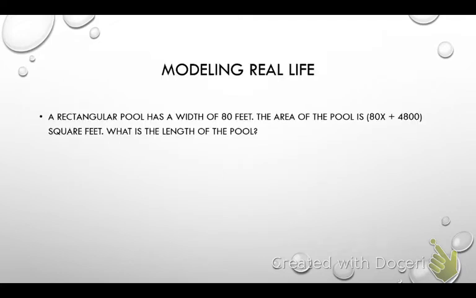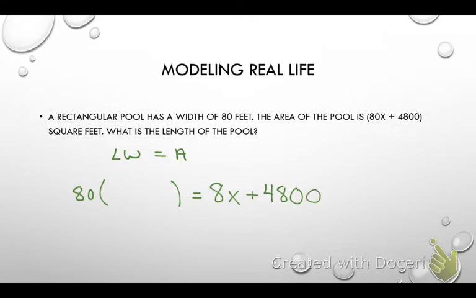Now, the modeling real life. Guys, do you remember this example from class with the rocket pad? Yeah. Okay, with the notes? All right, so for the area, length times width equals the area. And it gives me the width is 80 feet. Okay, so 80 times what would give me the total area of 80x plus 4,800. Oh, sorry, 80x, not 8x. Okay, so the first one's going to be easy.